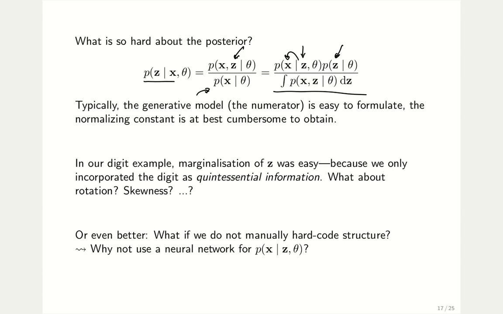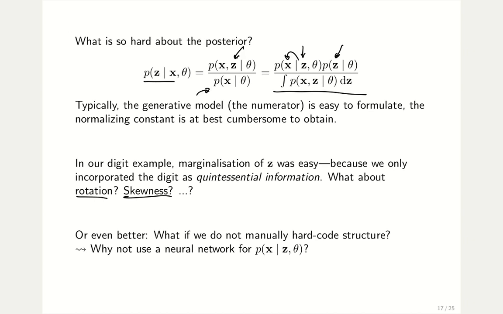The Z was really just the digit, but I already hinted that there are many more latent factors that we didn't take into account. So for example, there would have been rotation, there would have been skewness, the absolute position of the digit on the canvas. All these things were not incorporated in our latent variables. And that is what made the integral fairly easy.